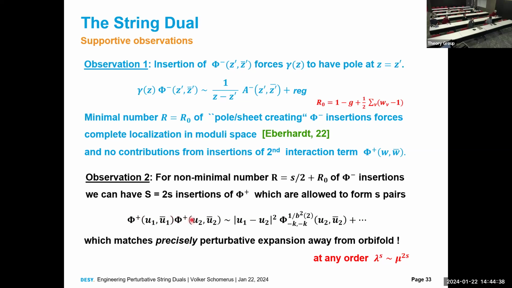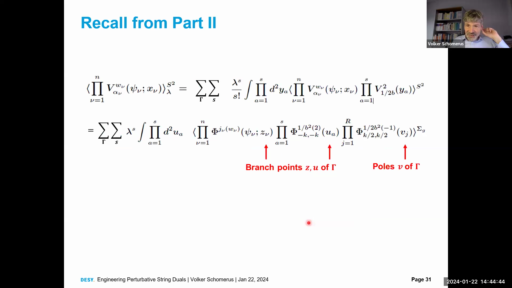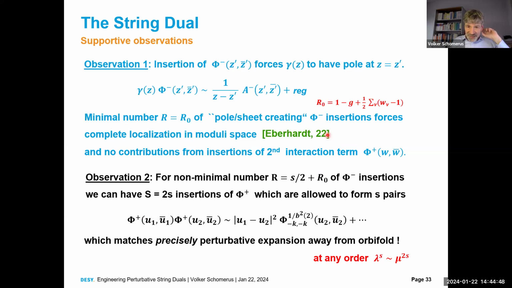But when you have an OPE of two of them, they can produce contributions to spectral flow 2, and these were the ones that appeared in this formula. And by this mechanism, by this kind of condensation of pairs of these phi plus in the presence of more than the minimal number of sheet creating interactions psi minus, you can actually order by order reproduce precisely the CFT formula we had before.